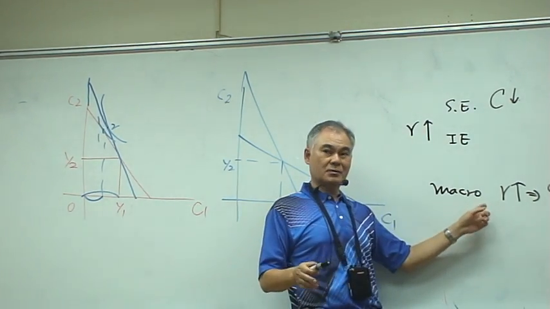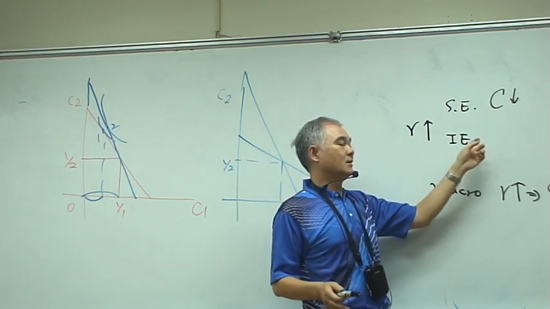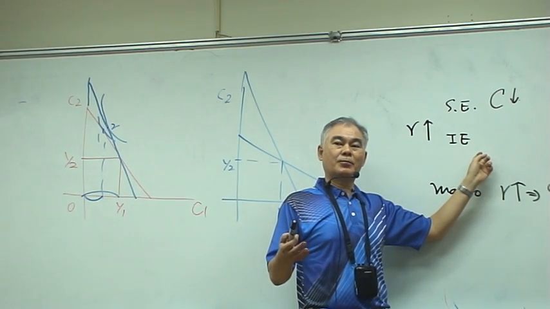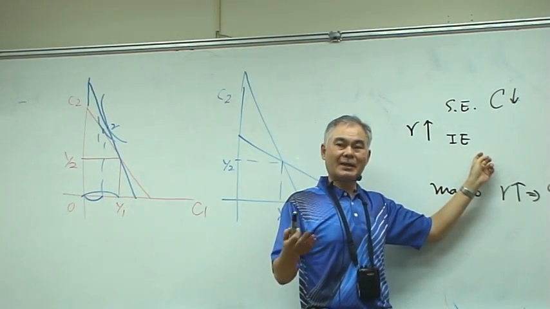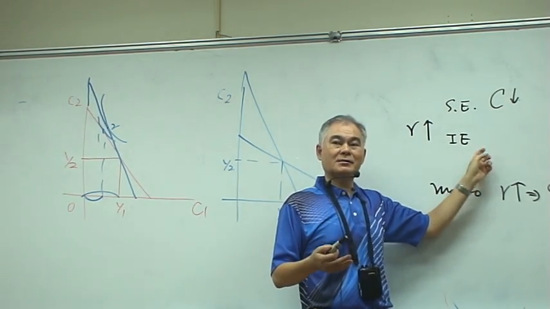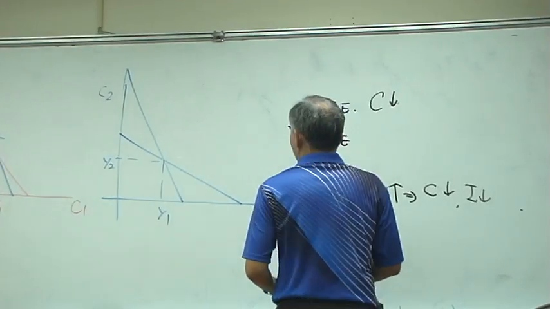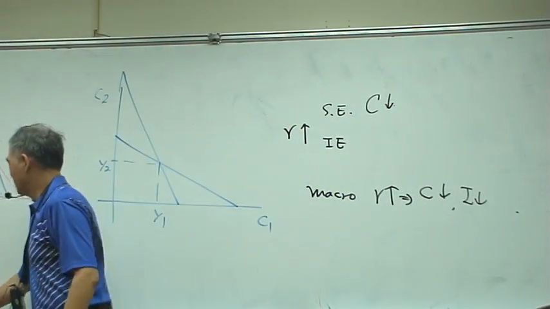So this holds, but for individual person, you really have to pay attention to the income effect because for some people they are borrowers, some people they are lenders. They have different reaction to the price signal. So that's the interest rate, okay? Okay, but so let me get to this part.